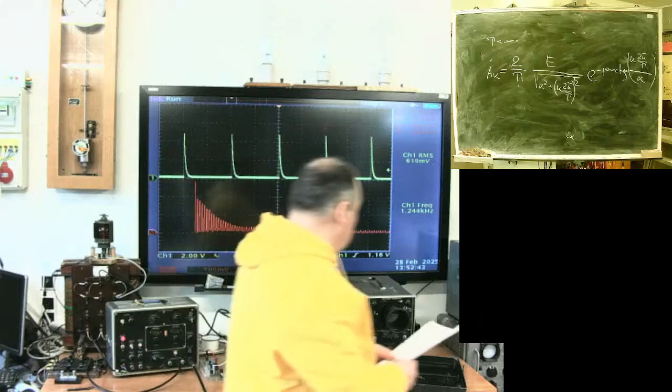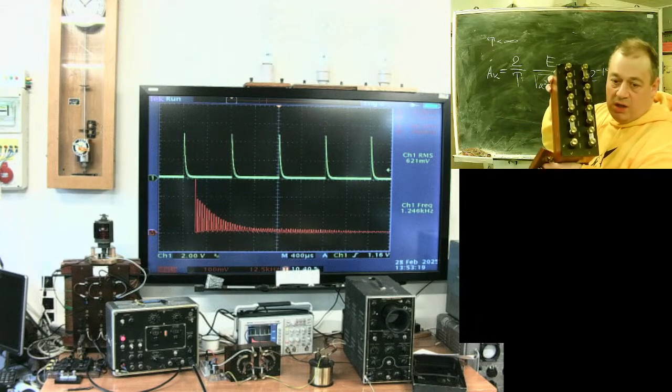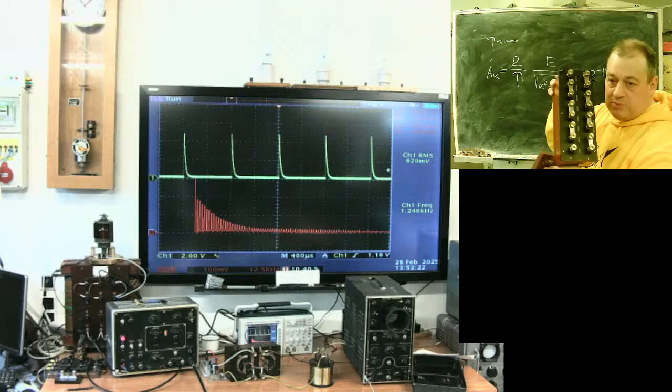One second. I will bring my resistance box and switch. Here is my resistance box. It's for 100,000 ohms.